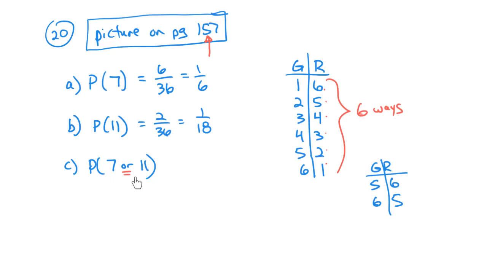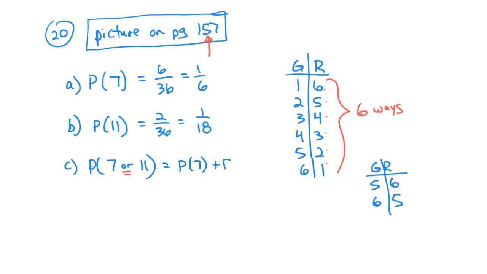So these are mutually exclusive, right? If I roll 2 dice, I can't get a 7 and also get an 11. I can get one or the other, but I can't get both, so they are mutually exclusive. So if you look on the handout for the or, when they're mutually exclusive, I can just add these together.